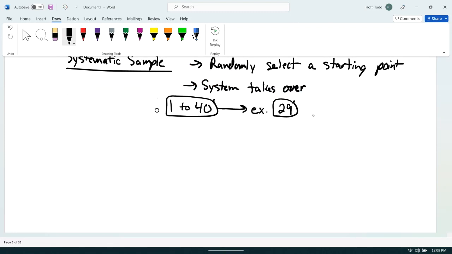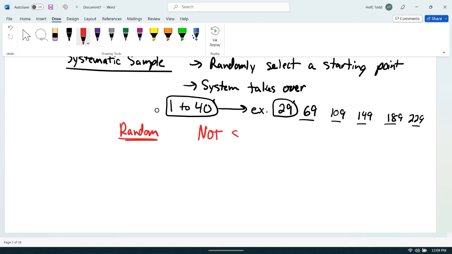So then we're going to test the 29th part, and then every 40th part after that, the 69th part, the 109th, the 149th, 189th, 229th. The system takes over. This is random because every part has a 1 in 40 chance of being selected. But once again, it is not a simple random sample because it's not possible to select 2 parts in a row. The system doesn't allow for that.